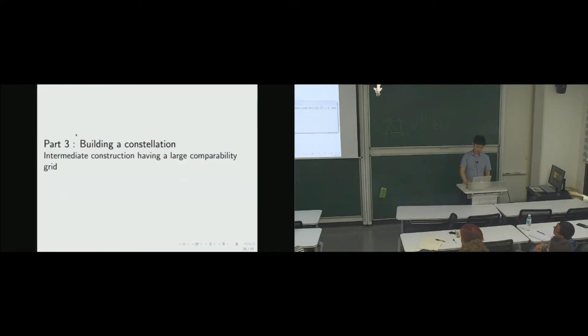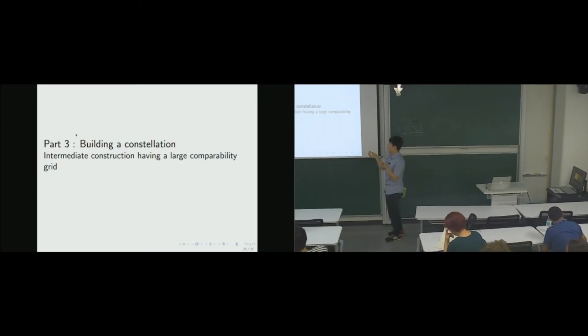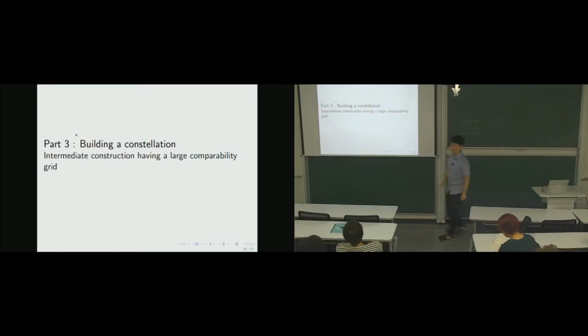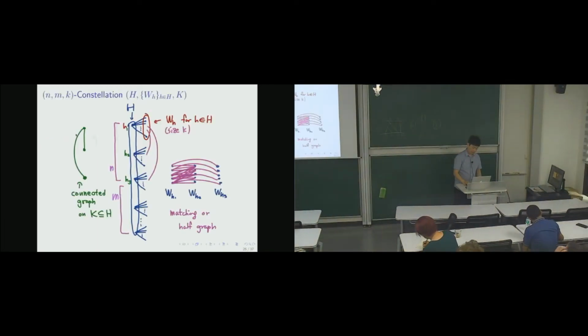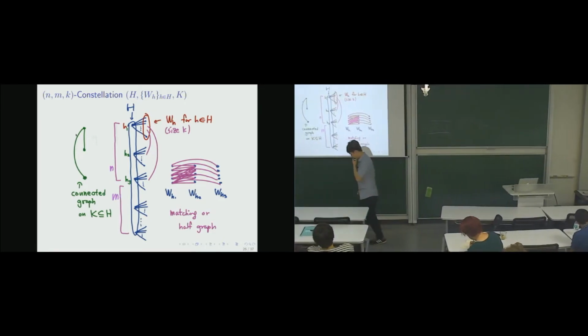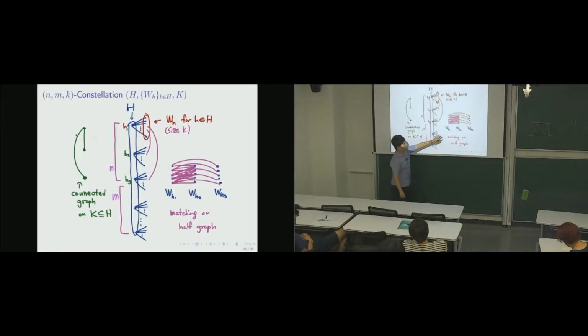Okay. So the third part is that we define some intermediate construction to go to the comparability grid. What we basically construct is the middle guy. This is just an explanation. You just look at this part.